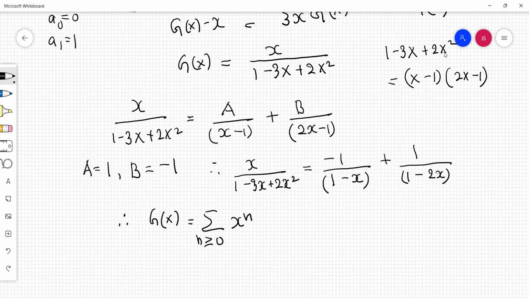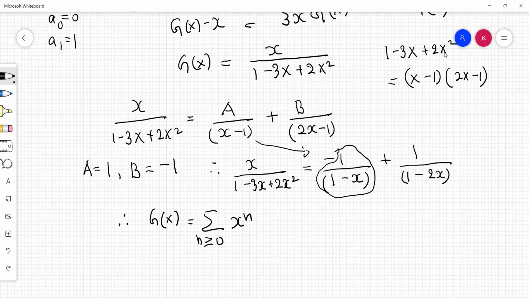Now why did I write this as minus 1 over (1 minus x) instead of 1 over (x minus 1)? Because only then can I easily convert this into the familiar power series.